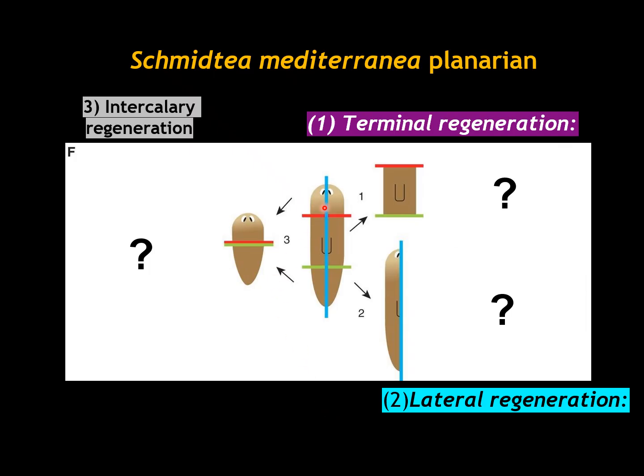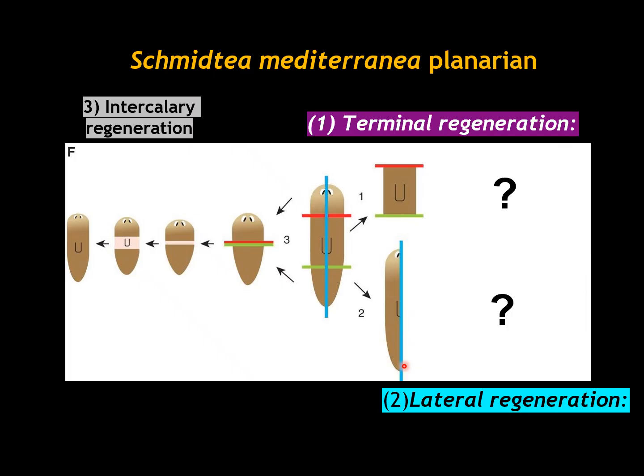So if you cut the intermediate section and put the two together, if you cut the head and the tail and keep just the middle part, and what about if you cut the lateral section, the left or the right? What are the things that you're going to observe?